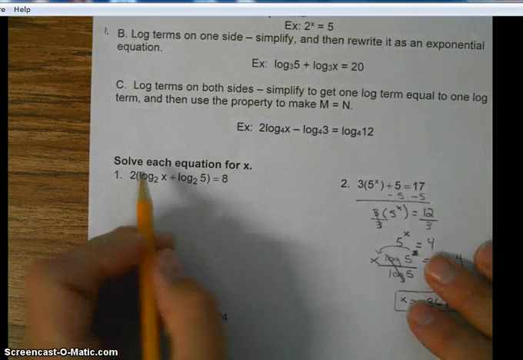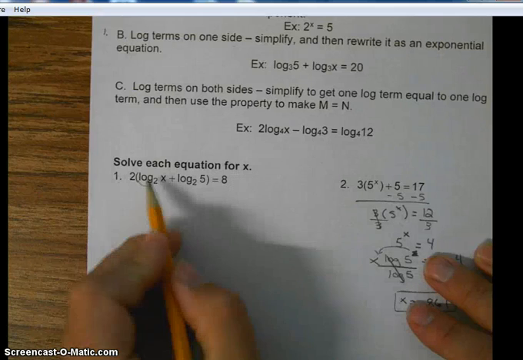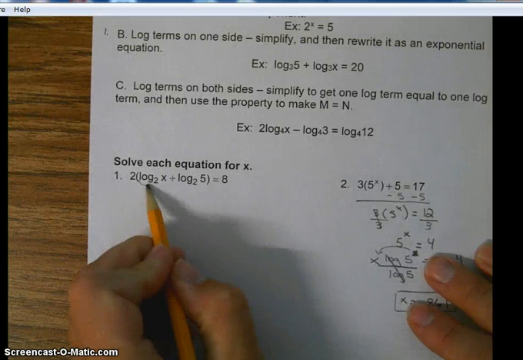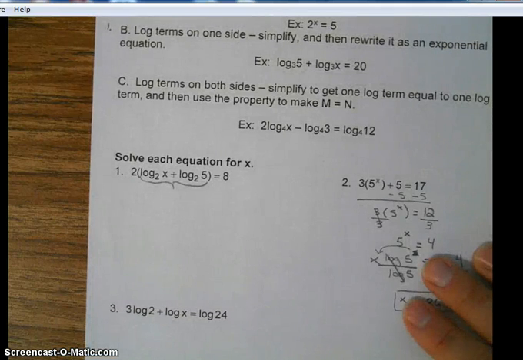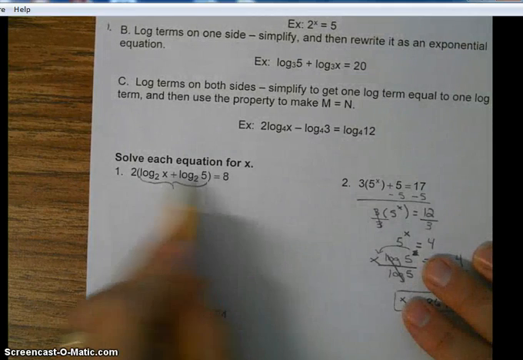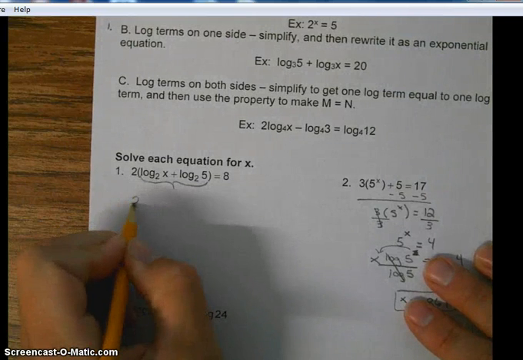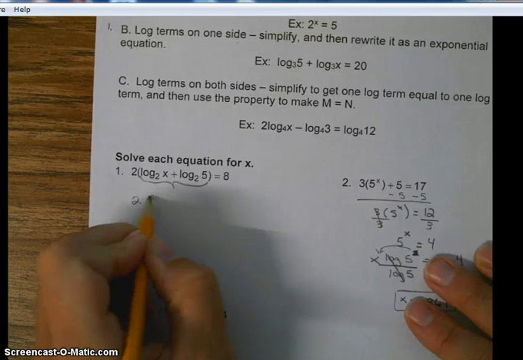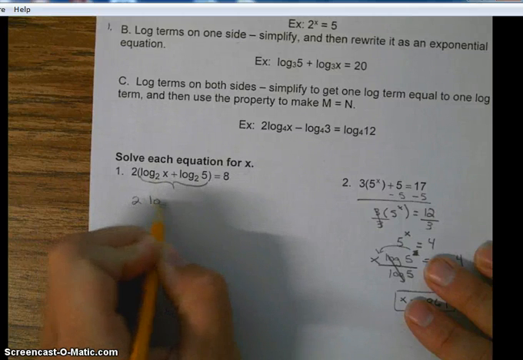So that would mean condensing. So we could condense this right here, since it's in parentheses, right? And we're simplifying this, right? We do parentheses first, so we're going to have 2. And then this is going to condense. The bases are the same. So this is going to condense.